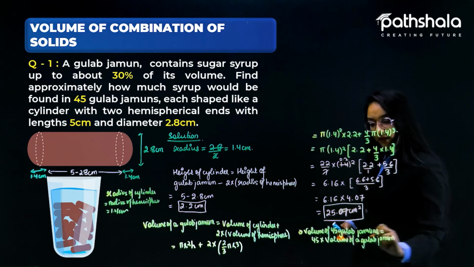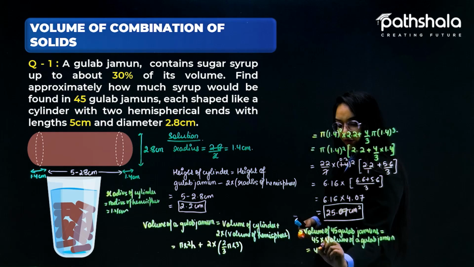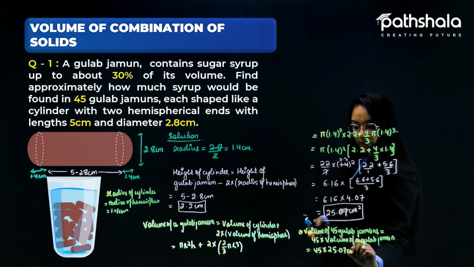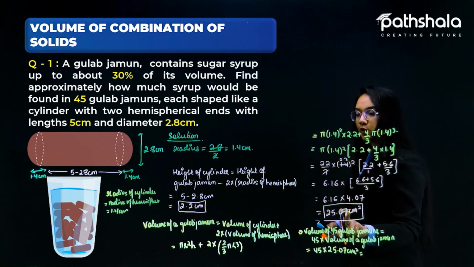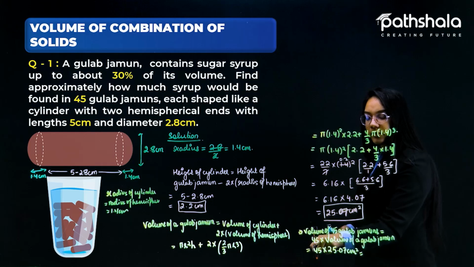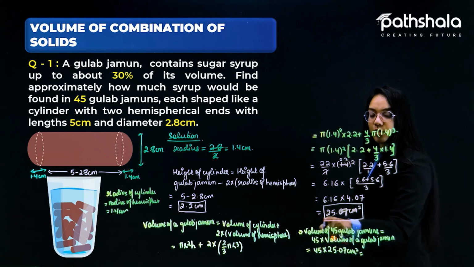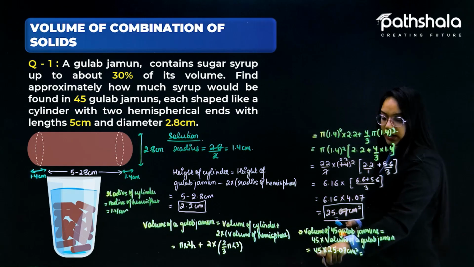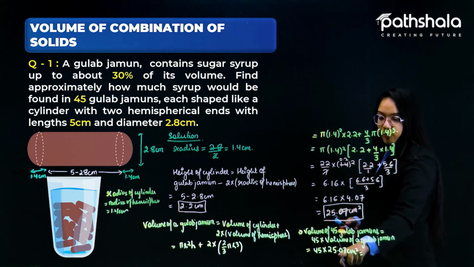So let's plug in the value over here. This would be 45 into 25.07 centimeters square. We have to multiply it with 45 because we just have to find out the volume of 45 gulab jamuns.